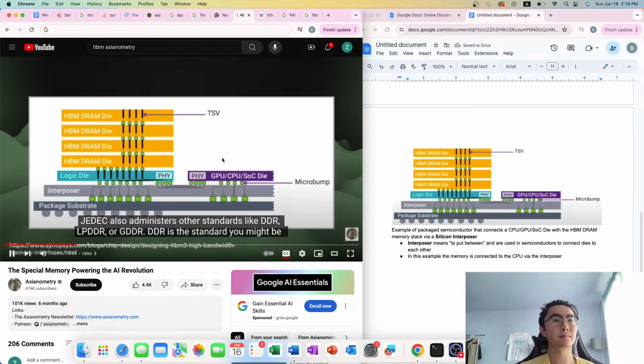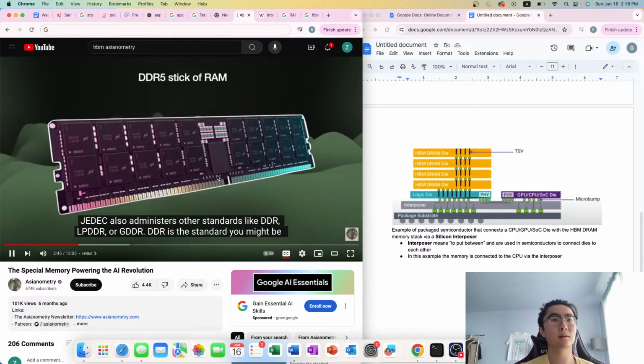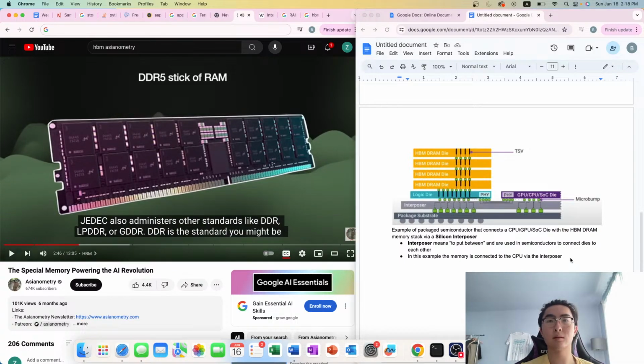Okay. JEDEC also administers other standards like DDR, LPDDR, and GDDR. So, okay, JEDEC also administers other standards like DDR, so double data rate.